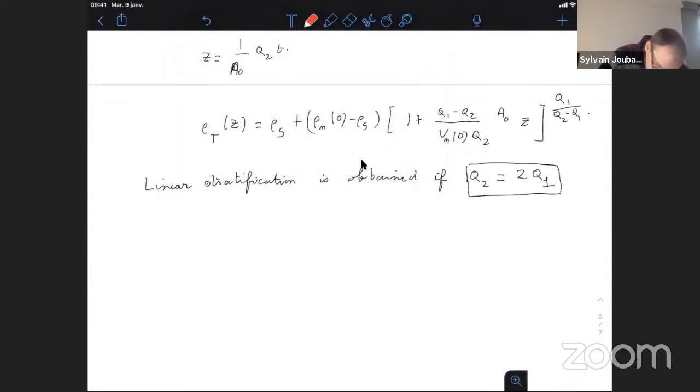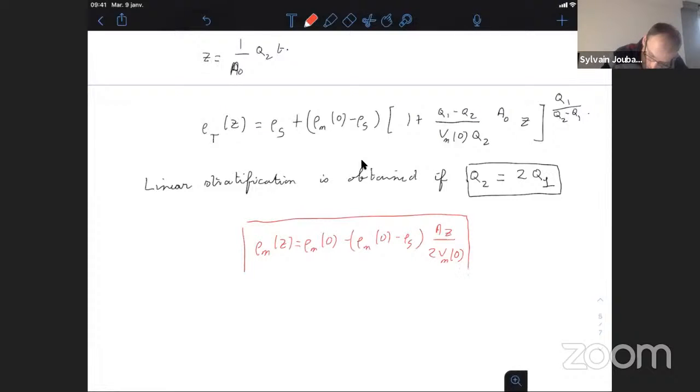which can be written like rho_s minus rho_m0 divided by A z_0 V_m0.